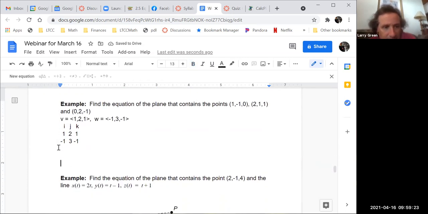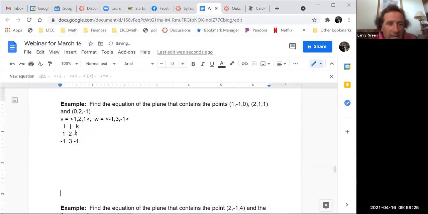And now I take the cross product. So the i component, we're going to have negative 2 minus 3, which is negative 5.